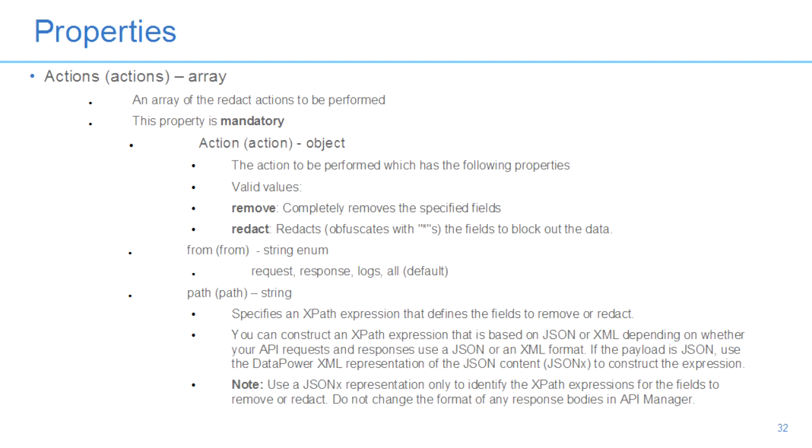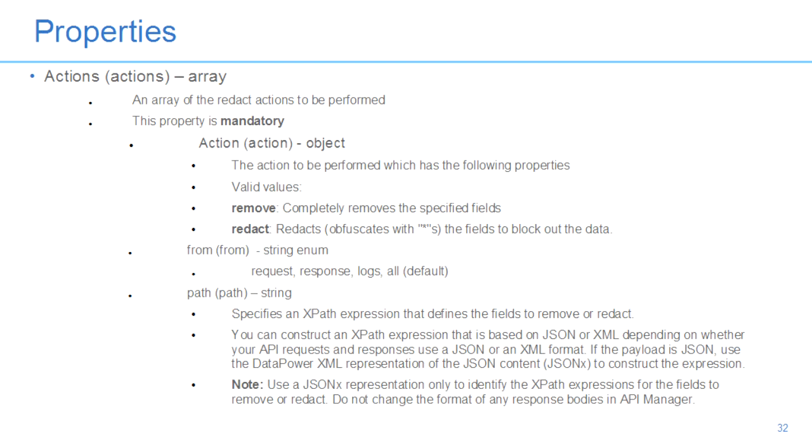You have a from property, which is an enumeration that allows you to select request, response, logs, or all. So if you just want to do things from the response data, then you can just put response. If you want to do it from all of them, you can put all, and the default is all.